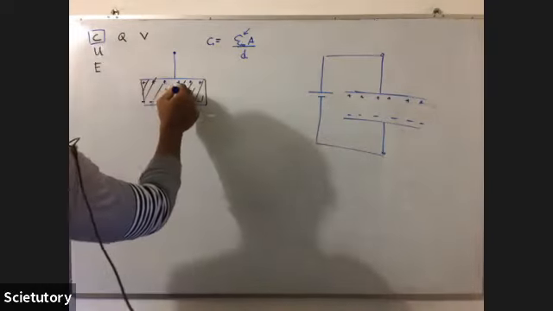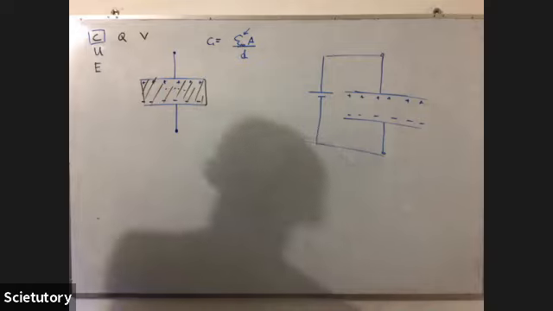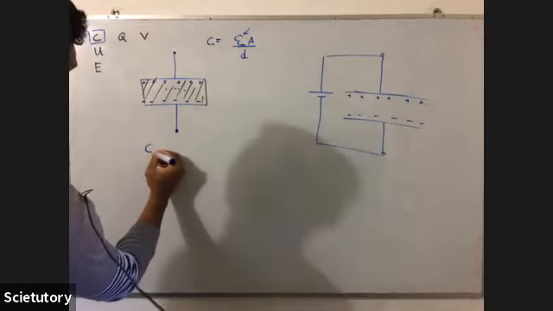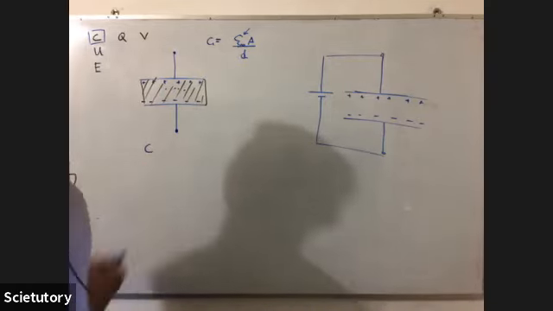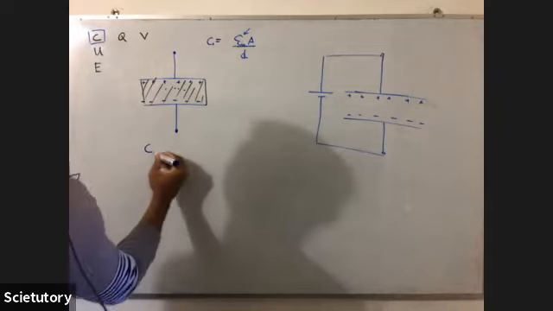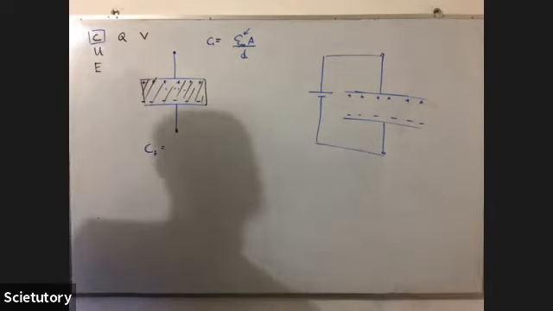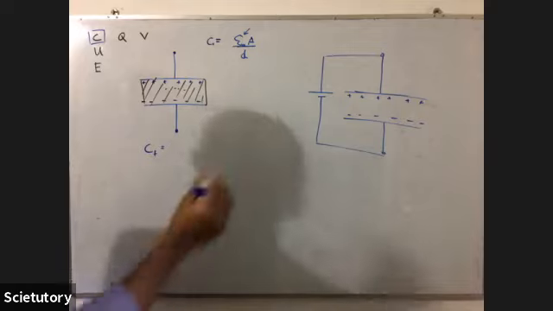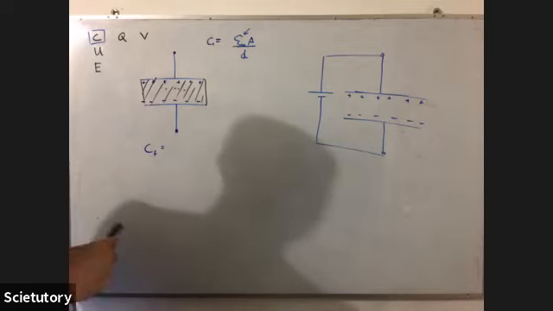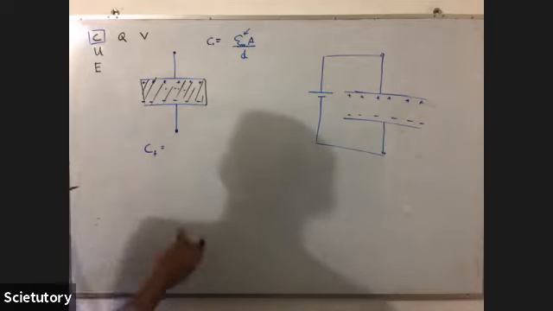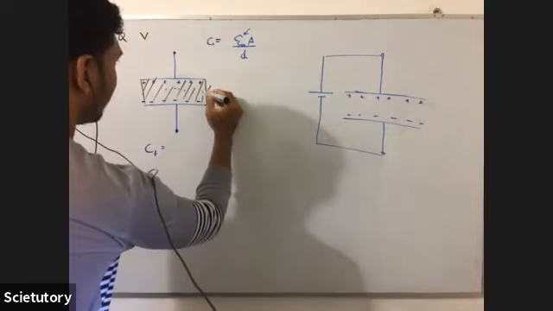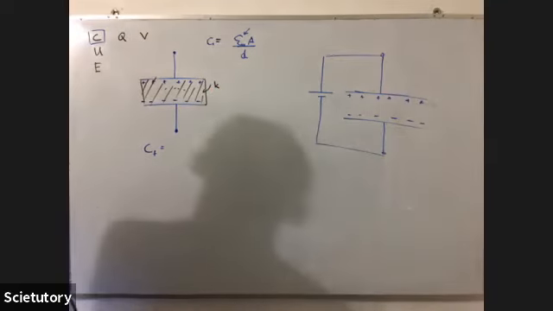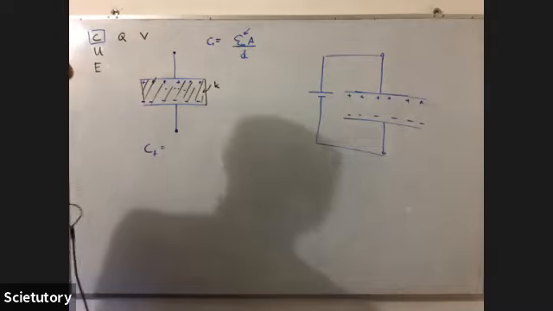Now you have inserted this dielectric substance. So what is the new C, C final? Tell, quick. Now the dielectric constant is K, so it's not epsilon naught anymore.